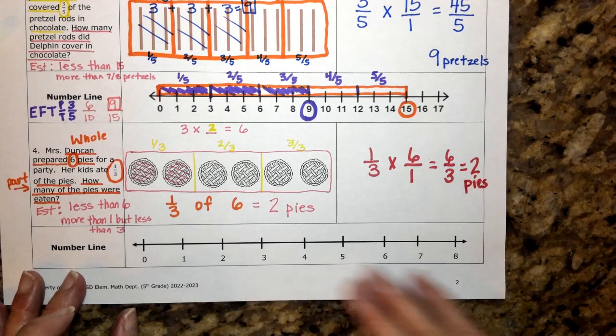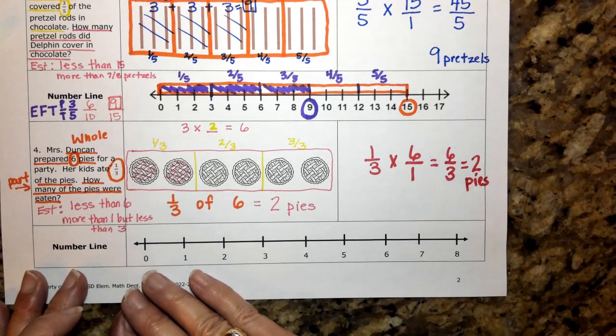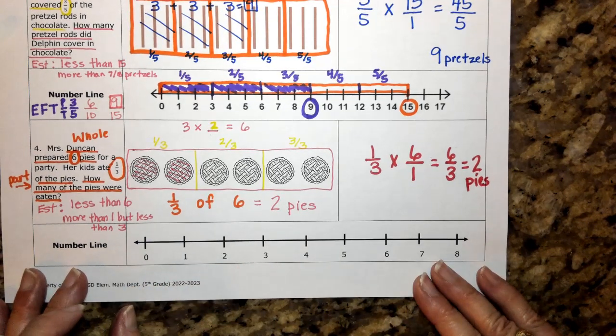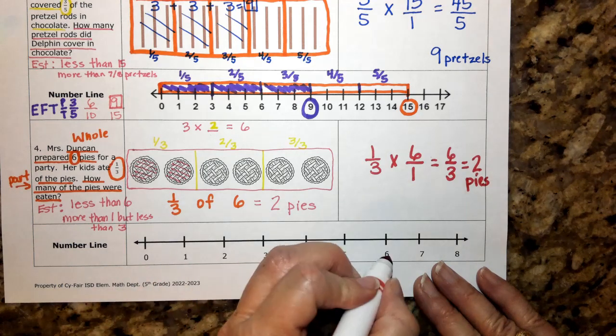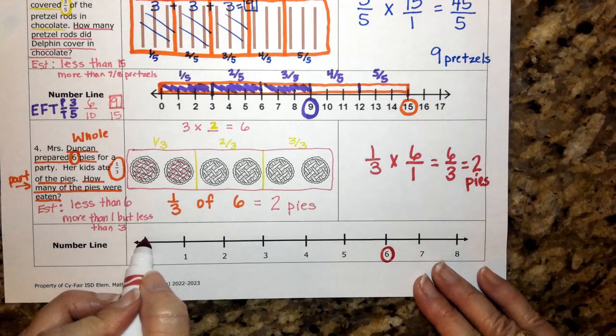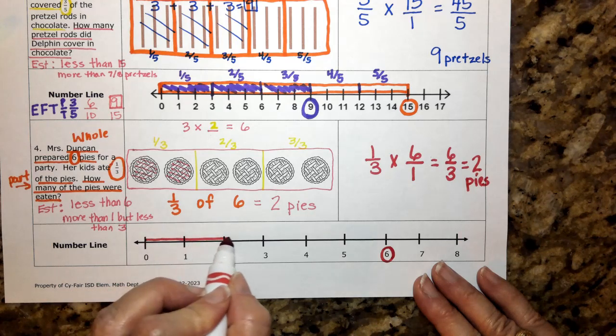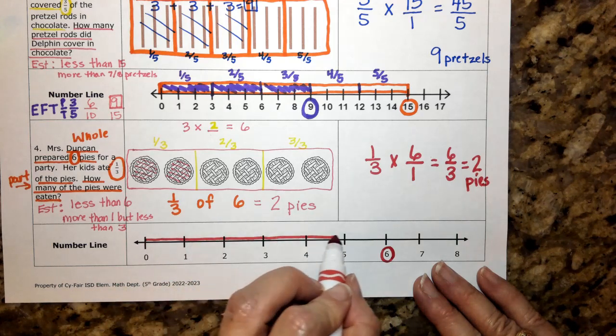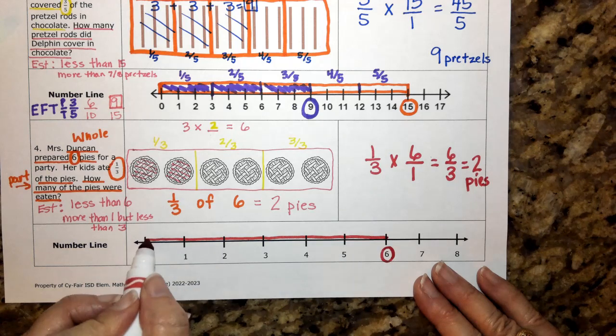When we think about our number line, we want to think about, well, what is the total amount that we have? So we're going to go all the way to the number 6, and we're going to outline or acknowledge the set of 6.